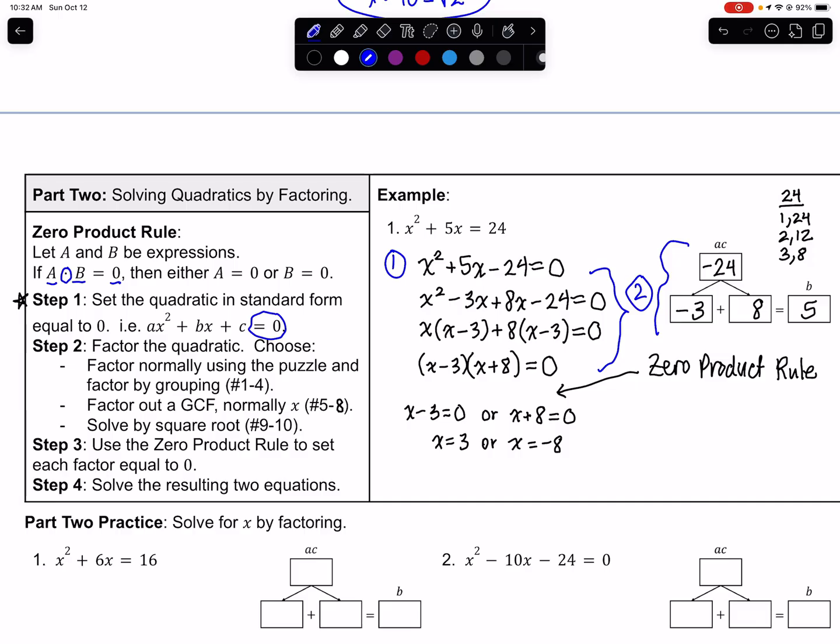Okay, that's step 2. Step 3 is the zero product rule step, where you set this equal to 0 and set this equal to 0. And then step 4 is actually doing out the equations. Normally they're very simple 2-step equations to solve for x.